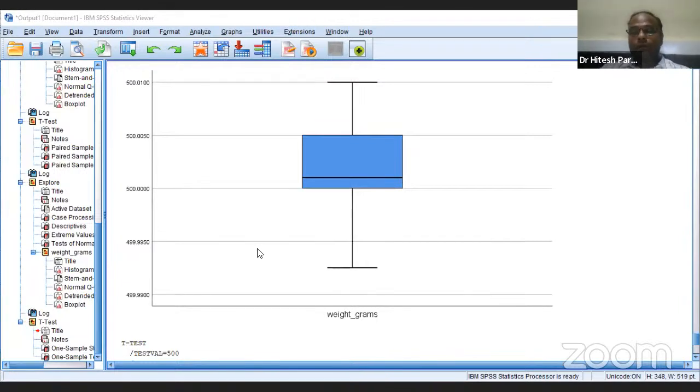There is a question. If kurtosis and skewness also show that the values are not normal, then what should we do? Then we will declare that it is not normal. If the kurtosis and skewness values are not within the range, we will declare that it is not normally distributed.